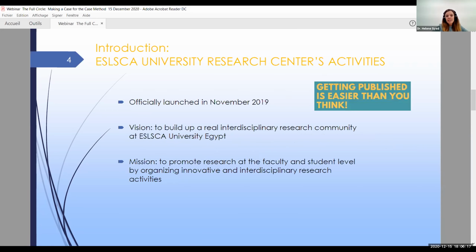So let's start by introducing the Research Center of ESLSCA University and its main research activities. The Research Center was officially launched in November 2019. Its vision is to build up a real interdisciplinary research community at ESLSCA University.